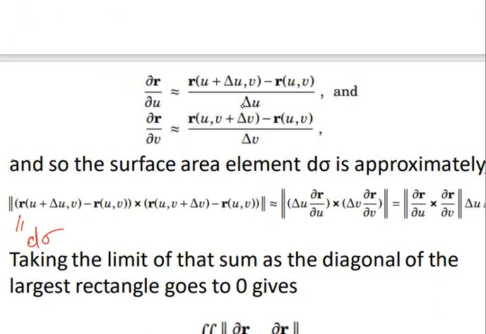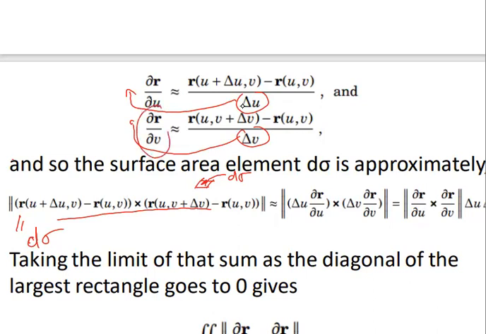Just take this term to the other side. So this area of that parallelogram, which is d sigma, is equal to the cross product of these two, times these scalars.